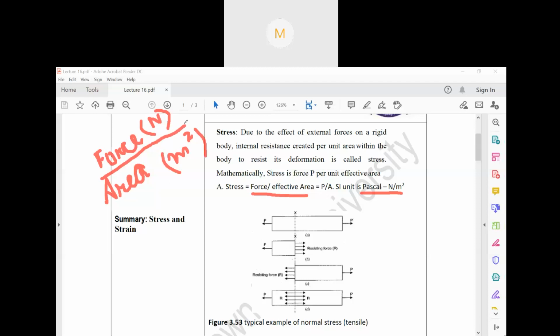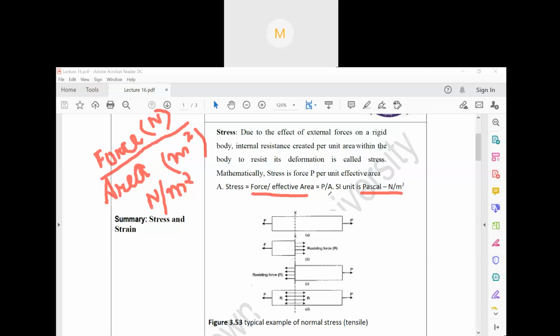So it will be Newton per meter square. Simple. Are you getting what I'm saying? Stress is called force per unit area.